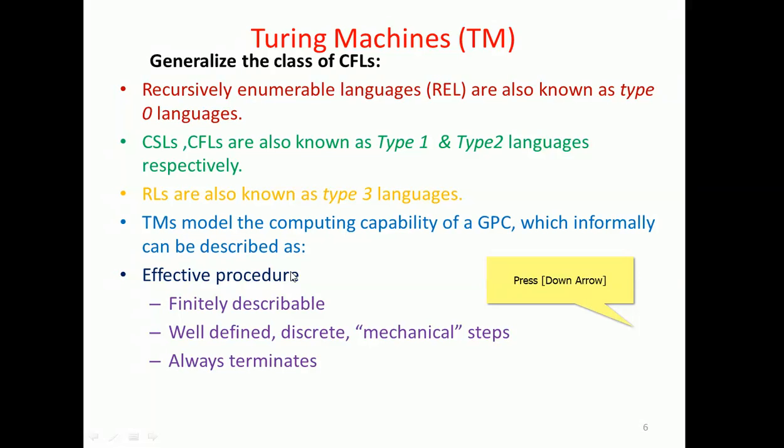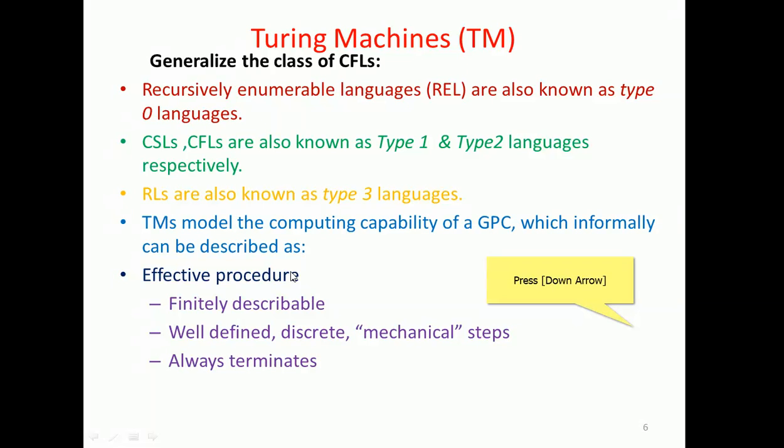So the procedure is finitely describable, well defined, discrete, and always terminating. That is also most important. After accepting or rejecting, it has to terminate. It should not be in an infinite loop, not in a hanging situation.